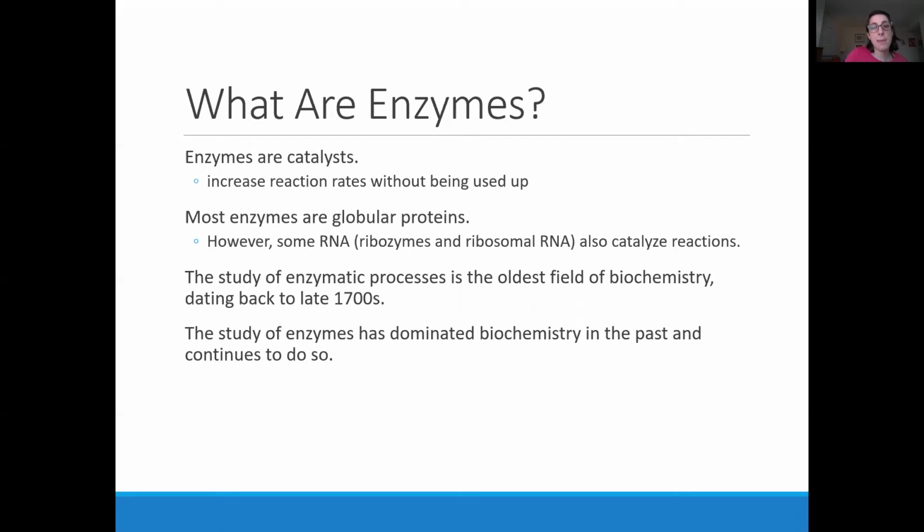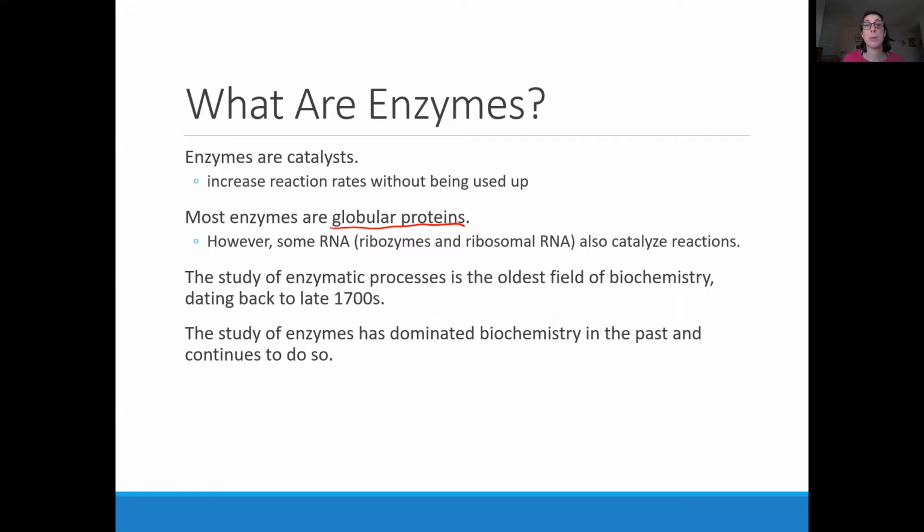Now, most of the time, enzymes are globular proteins. So remember, we talked about different types of proteins, the fibrous versus globular. Fibrous are going to be proteins that have repeating secondary structure. So they might be only made up of alpha helices or only made up of beta sheets.